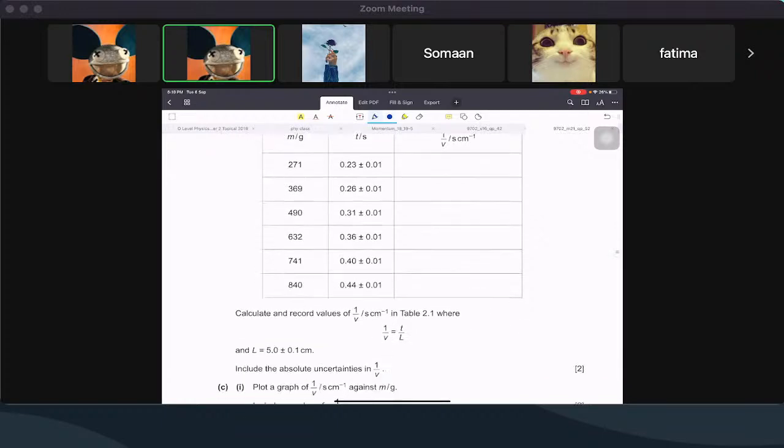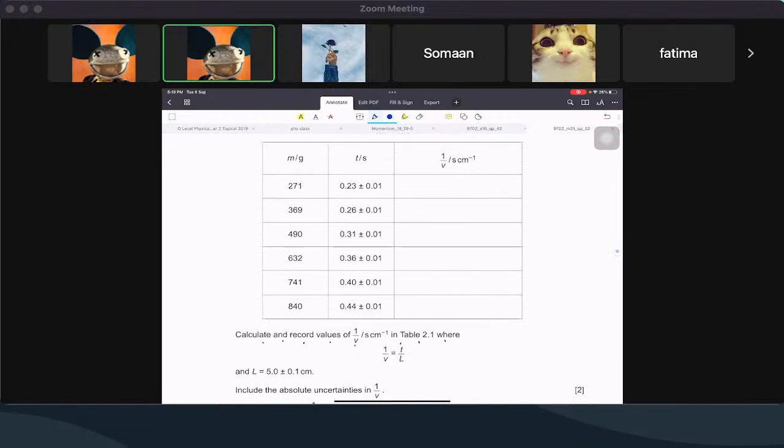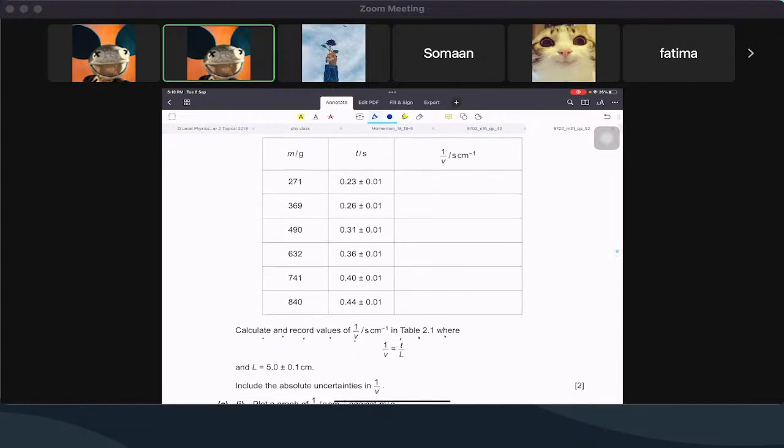They say calculate and record the values of 1 upon v in the table, where 1 upon v is equal to t over L, right? And they have given L as a constant value right here, and include the absolute uncertainties as well, right? So to find this, we need to divide t and L.